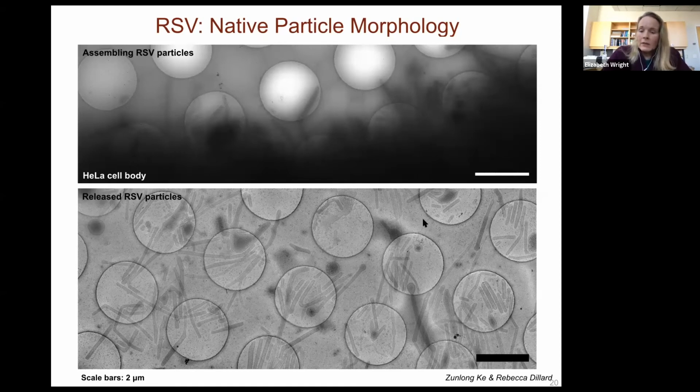And in the case of RSV, we really found that about 94% of the virus particles from multiple different virus strains, multiple different cell types, were filamentous. So this really gave us great confidence that the virus particle that our body is going to see in an active infection is a filamentous virus particle.